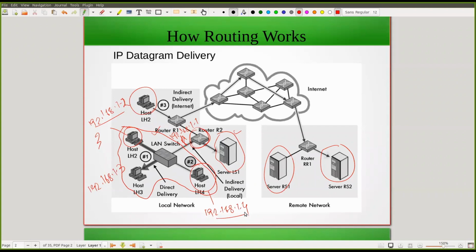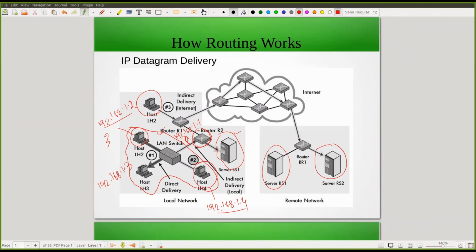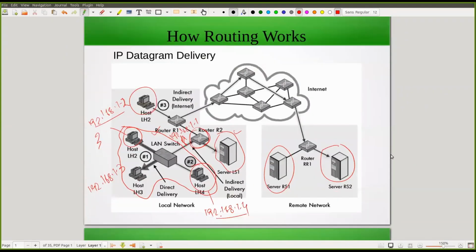First, it is going to look into the destination IP address. I want to send a packet from this machine whose source IP address is 192.168.1.2 and whose destination IP address is 192.168.1.4. So whenever a communication happens, first of all, it looks into the destination IP address.